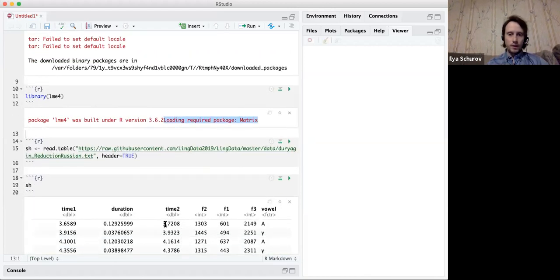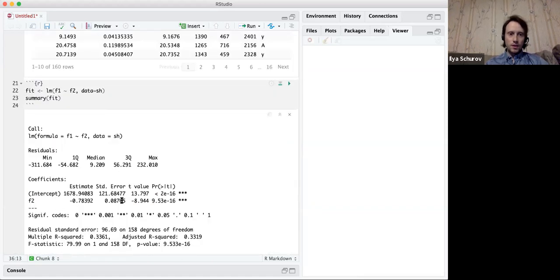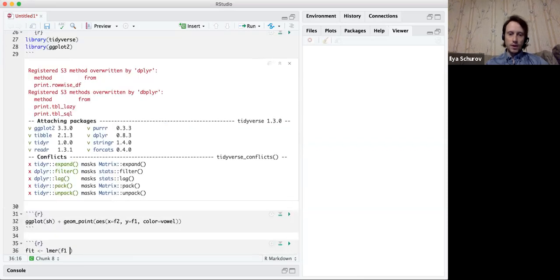Okay. Then let us try to use the function lmer. The way that we use this function is similar to this one, but we have new options.